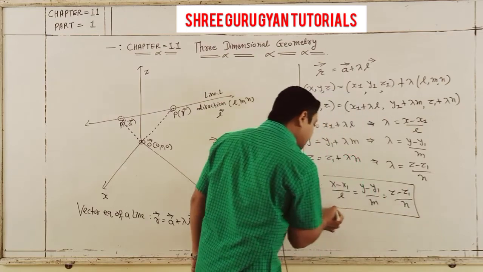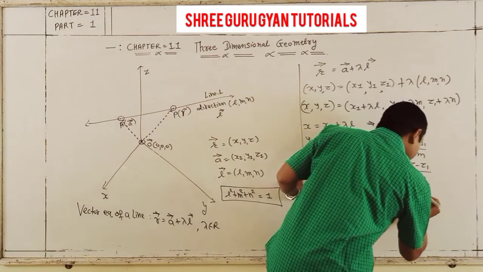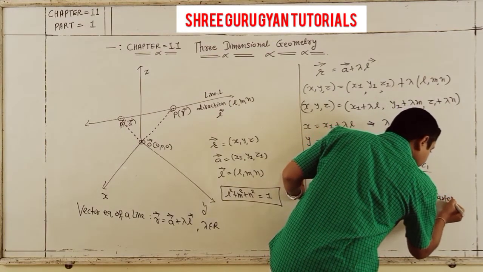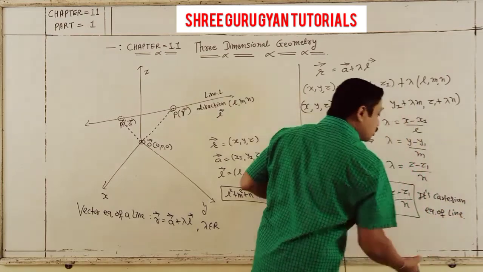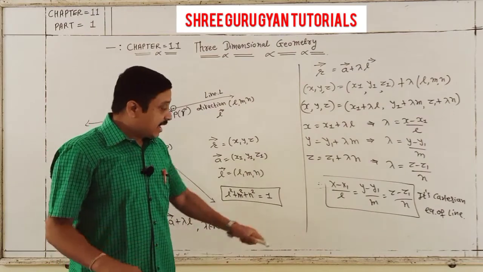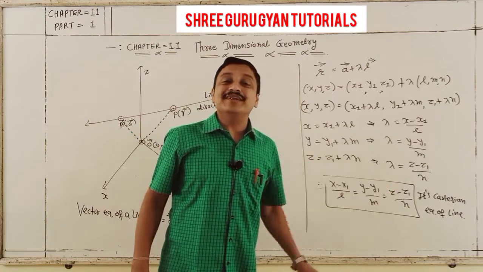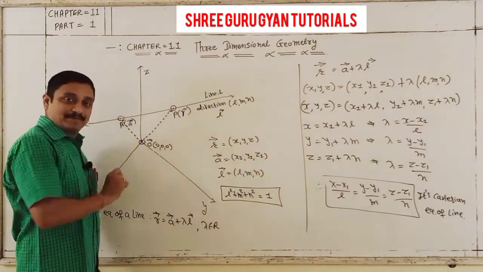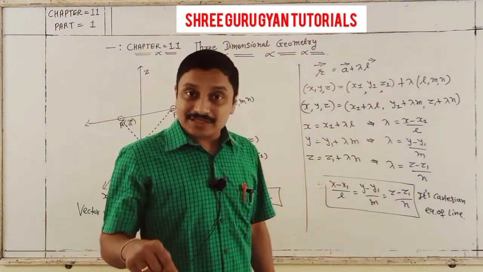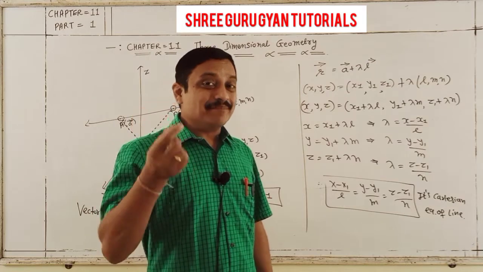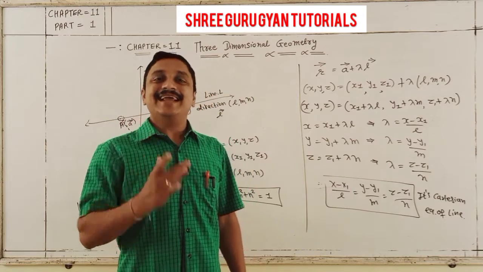That's your Cartesian equation of line, either called the symmetric form, where l, m, n is the direction of the line, and (x1, y1, z1) is the point the line passes through. And students, here l, m, n means your cos alpha, cos beta, cos gamma, where alpha, beta, gamma are the angles made with the x-axis, y-axis and z-axis.